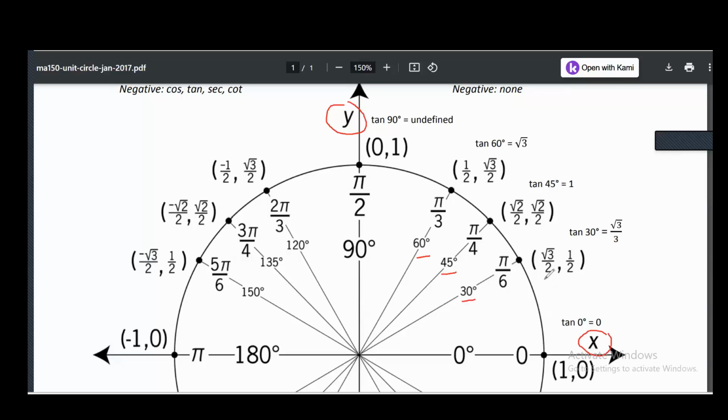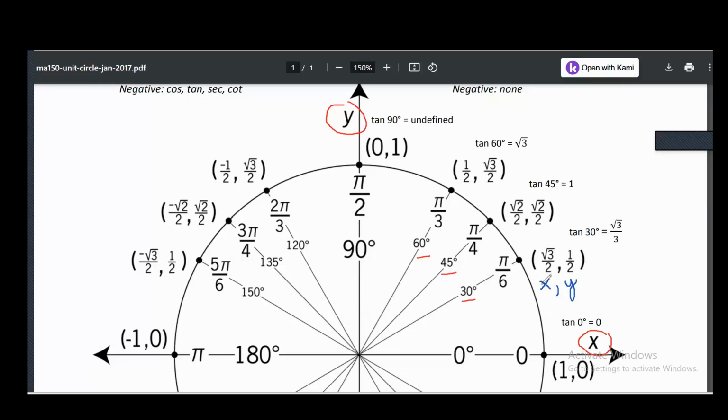So if you remember that this is x and this is y, actually, let me just use a different color. Let's use blue. So this is x, comma, y.